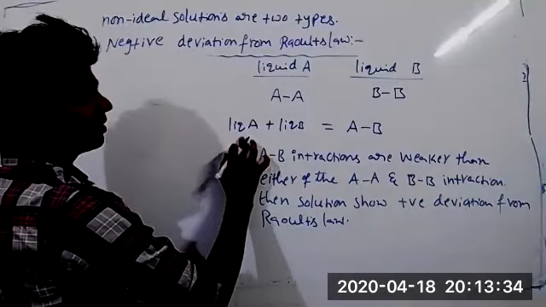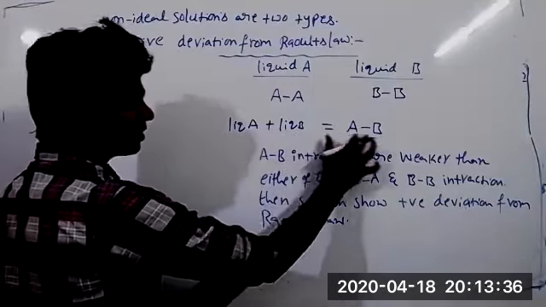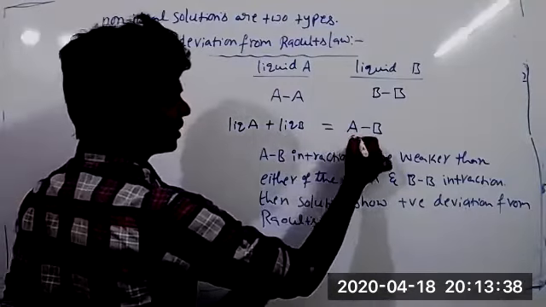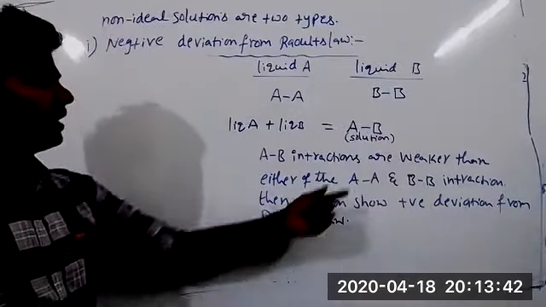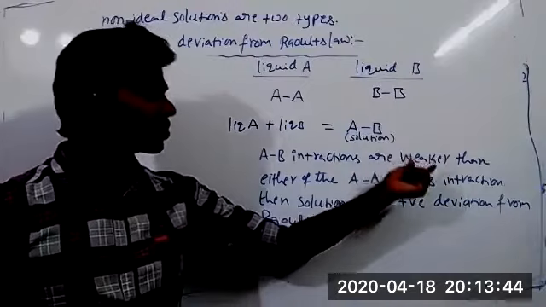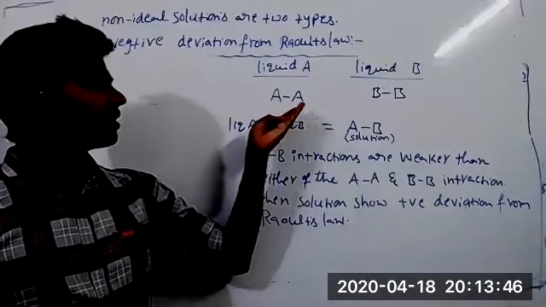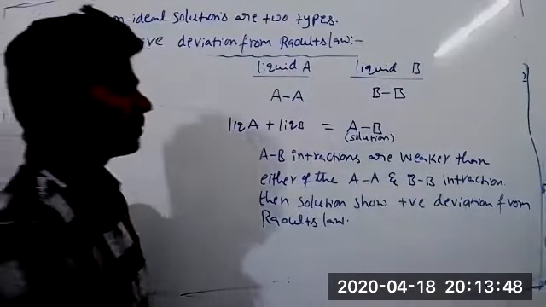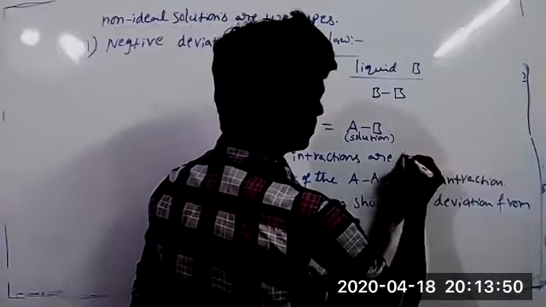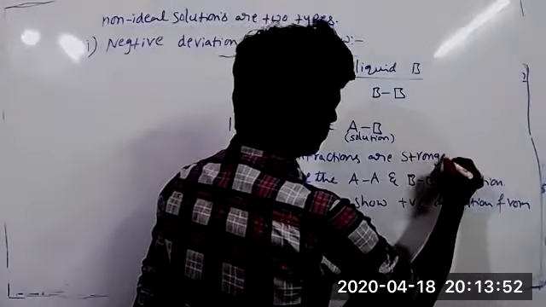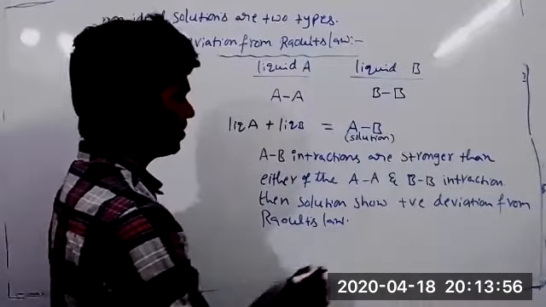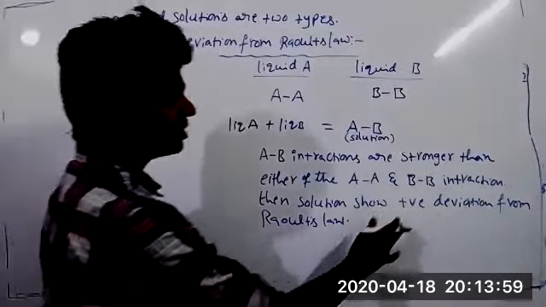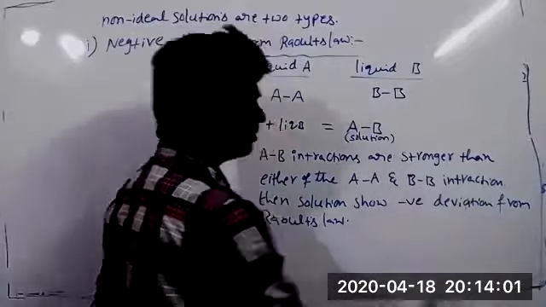And liquid A plus liquid B give AB liquid or AB solution. Here, AB interactions are stronger than either of the AA and BB interactions. Then the solution shows negative deviation from Raoult's law.